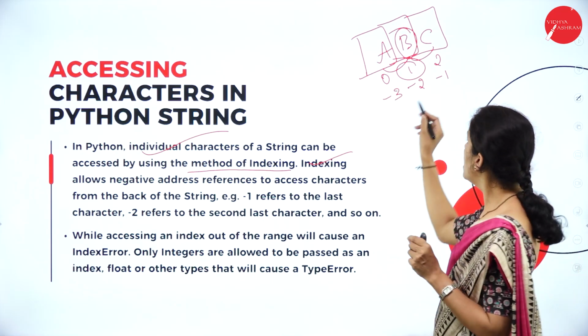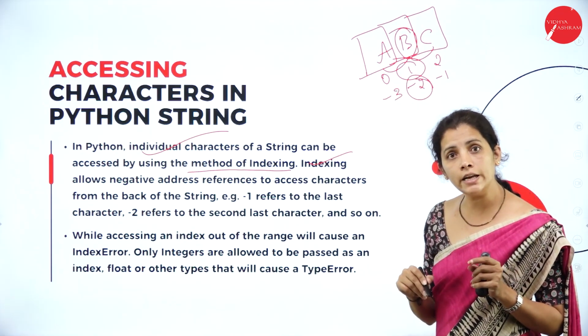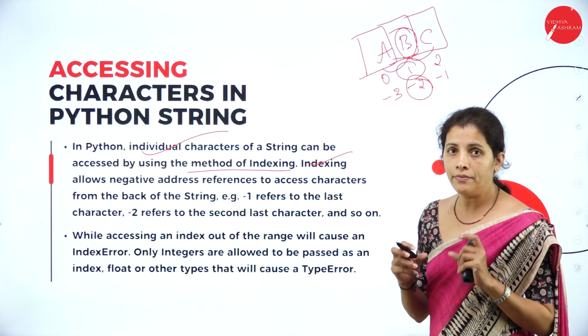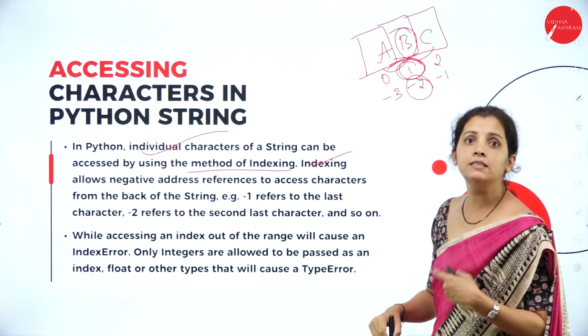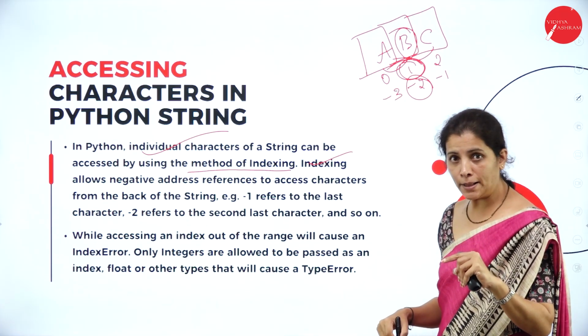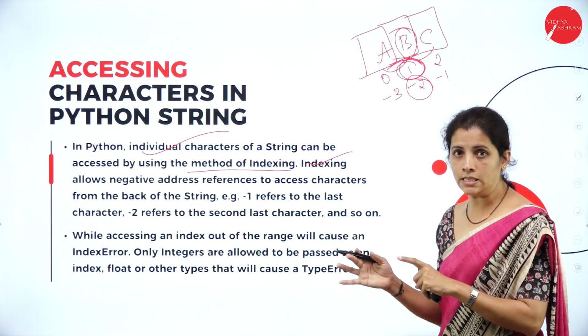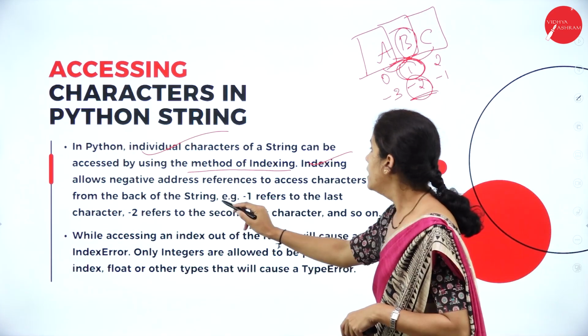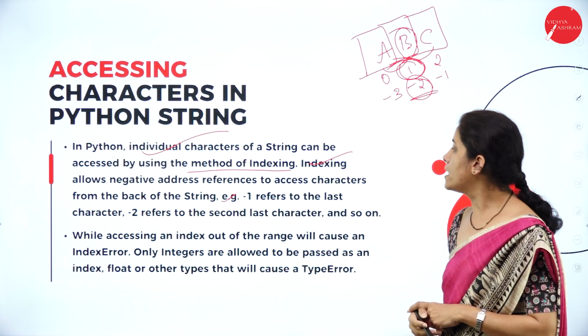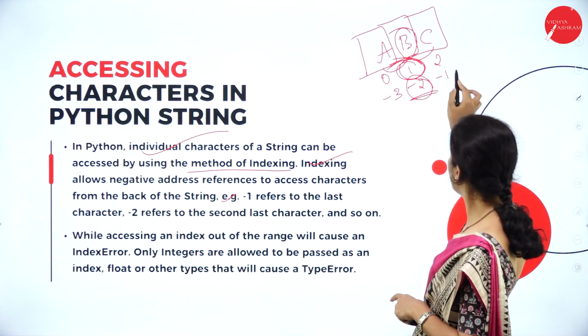In Python, I'm going to consider the negative address. In C and Java, the position is 1. But in Python, it is a negative index. So, what is the position? It is -2.